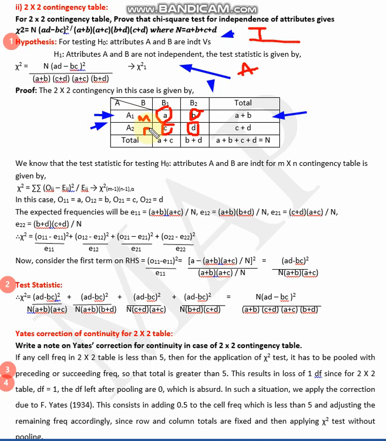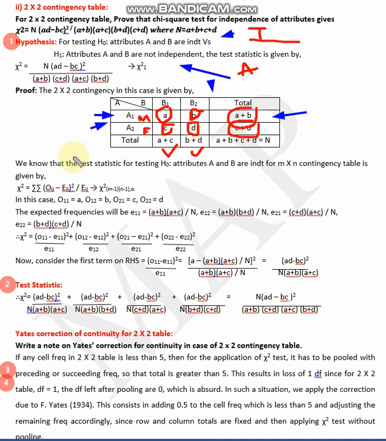So A plus B is the total males. C plus D is nothing but total females. A plus C is nothing but the high empathy total, and B plus D is nothing but the low empathy total. And now we need to understand whether sex and empathy are related.